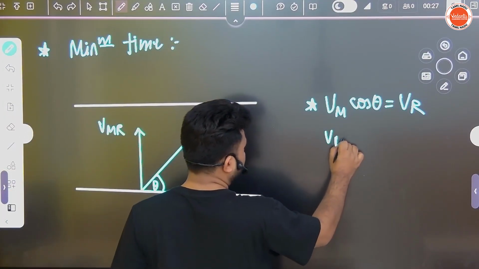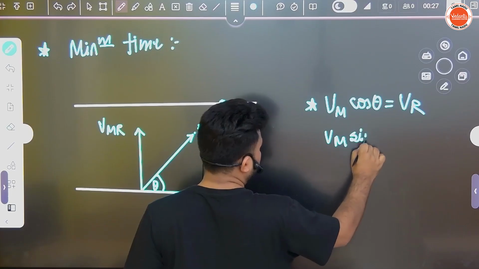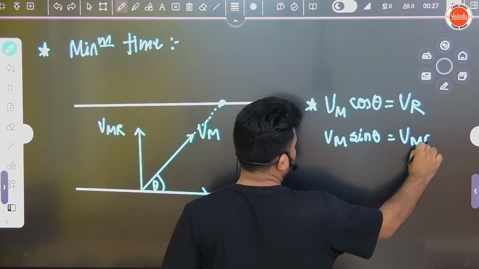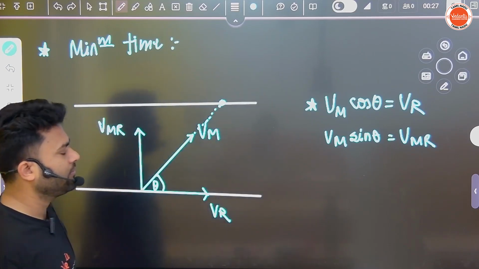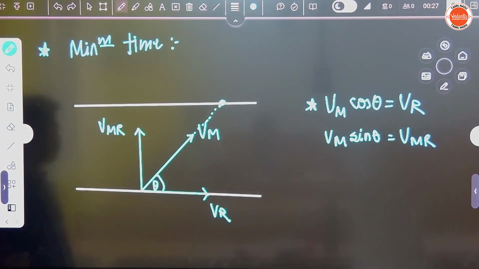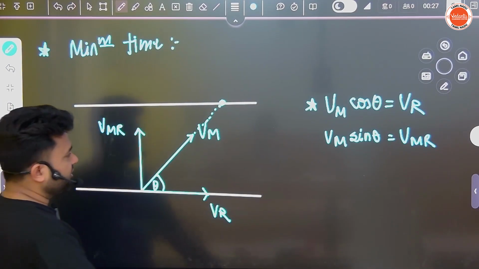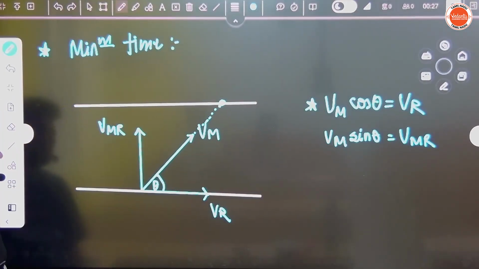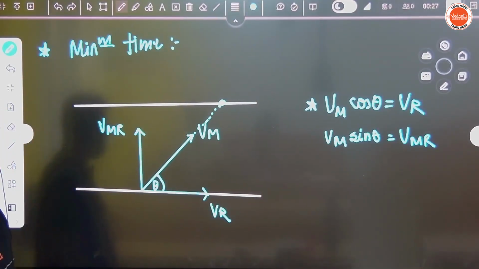Vm sin theta equals to VMR. Correct? So this is the first thing they ask. So you should remember this diagram. This diagram you should remember. Okay?